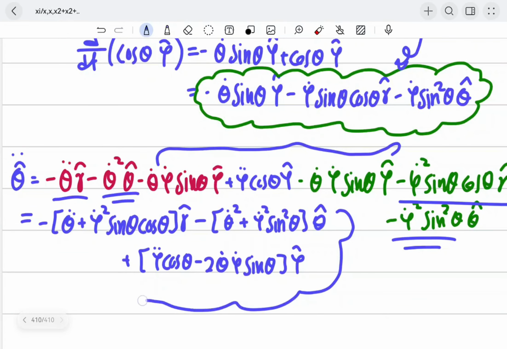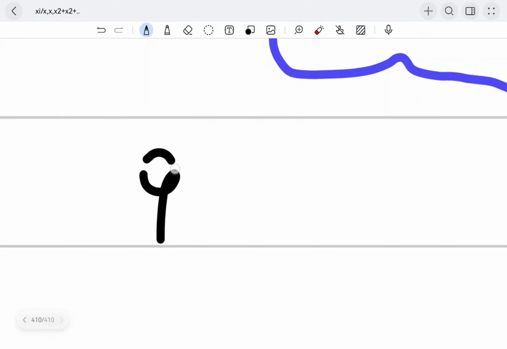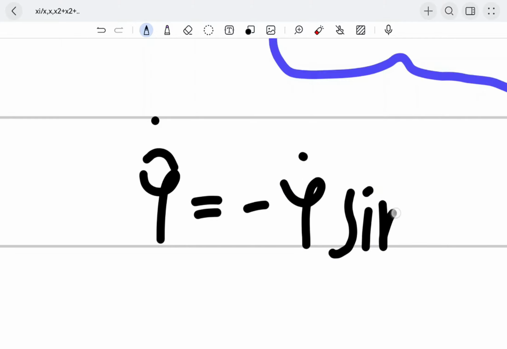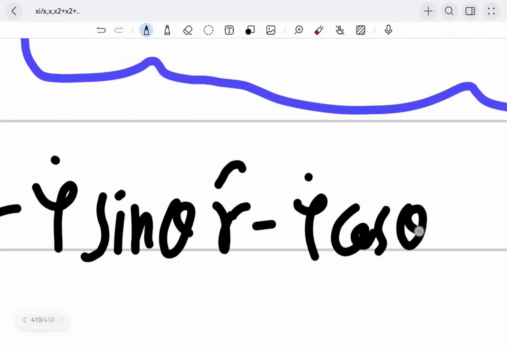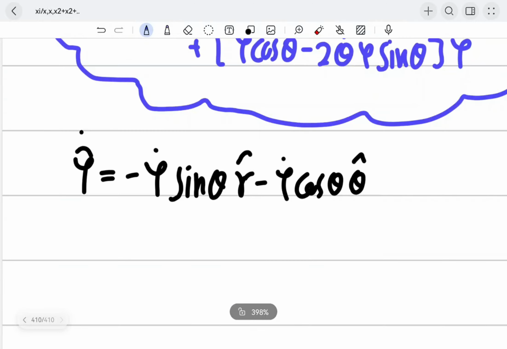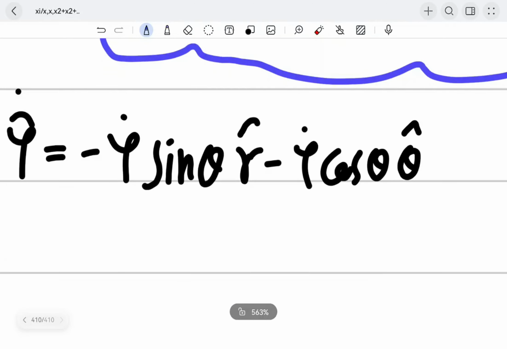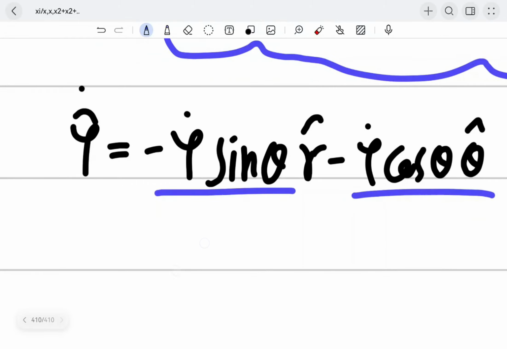And this is our theta hat double dot. Phi hat dot is equal to minus phi dot sine theta r hat minus phi dot cosine theta theta hat. I won't do triple product for these two terms. Instead, I'll take minus phi dot as a common factor.